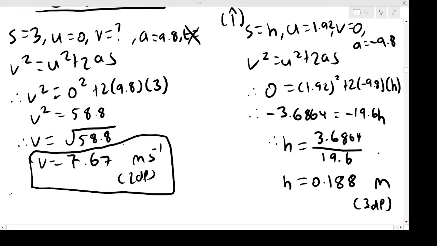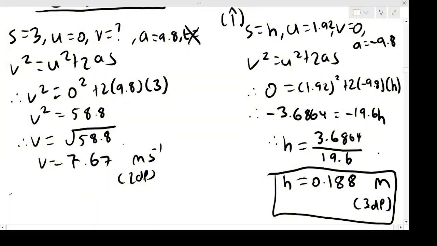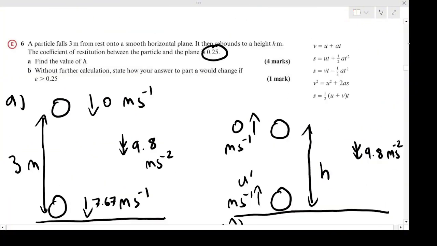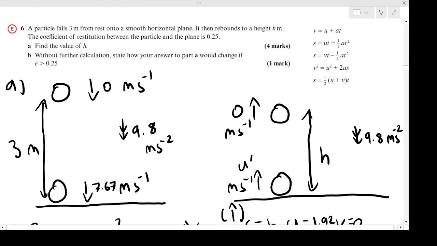Okay, and there we are. That is the value of h. So that's generally the idea. We want to consider before and after it hits the floor like this. So we split it into two parts, and then we use the restitution to work out the speeds before and after it hits the ground. Okay. So there we are.